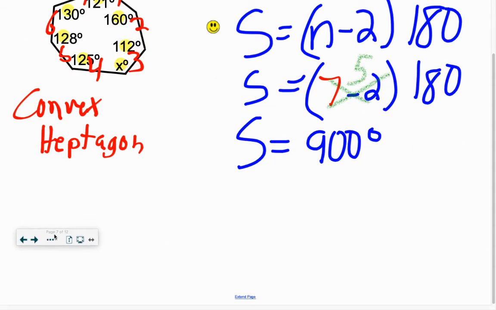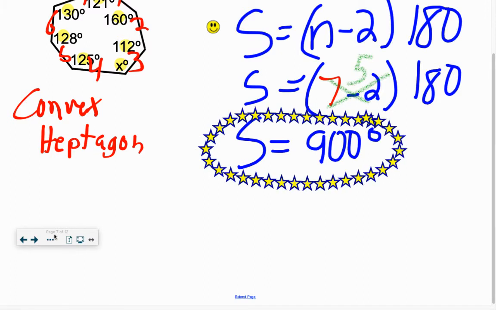So whatever you did here with this formula right here, this is so important because that's now your starting mark. 900 equals, and now add up each one of those angles that they gave you. I'm going to start with the 112. And I'm going to go around the other way. So I've done 112.